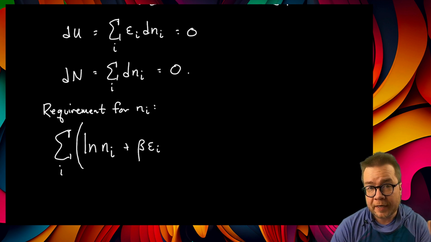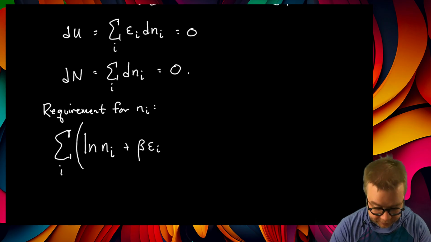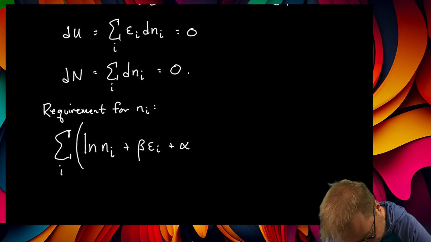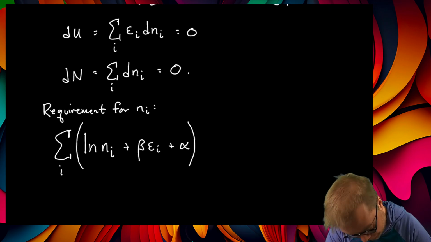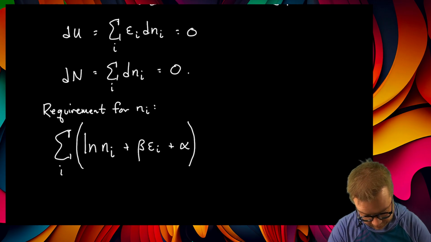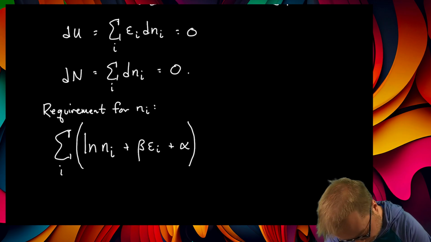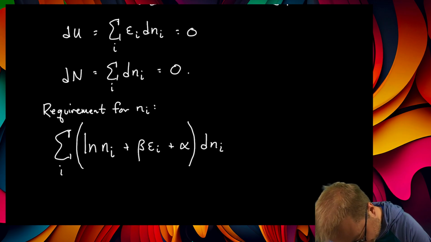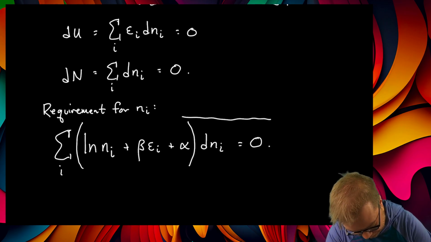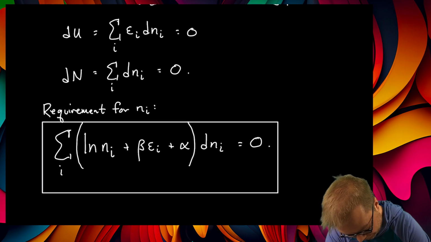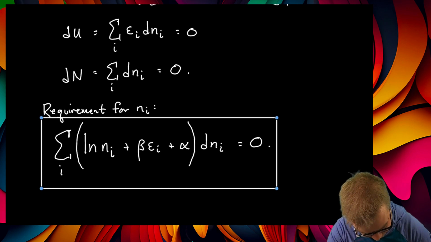It's going to be a conversion factor that's going to get rid of the units of energy, so it's going to have units of 1 over energy. And then plus alpha, which is just another constant, to get rid of the units on dn_i, multiplied by dn_i must be equal to 0. And so that is the requirement that we're going to enforce to be able to figure out n sub i.